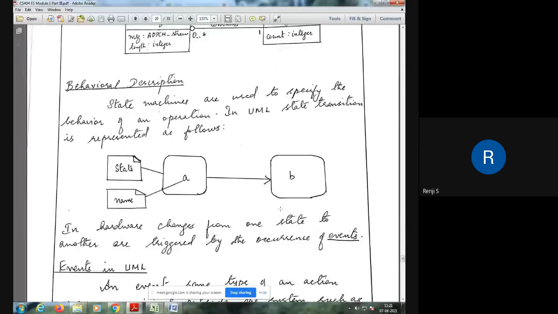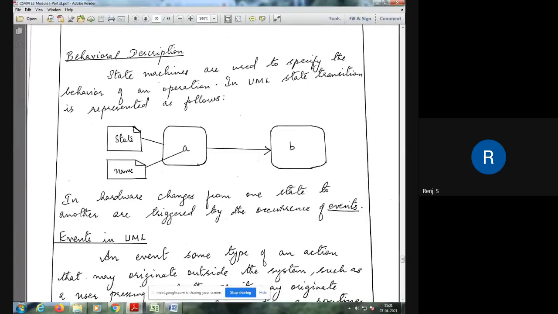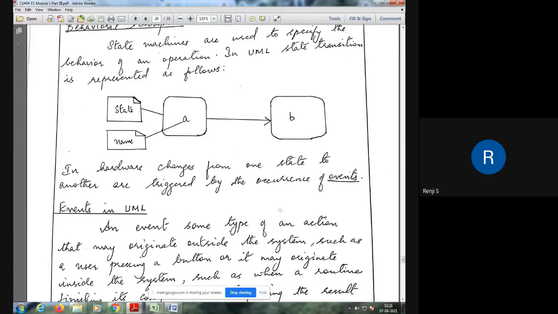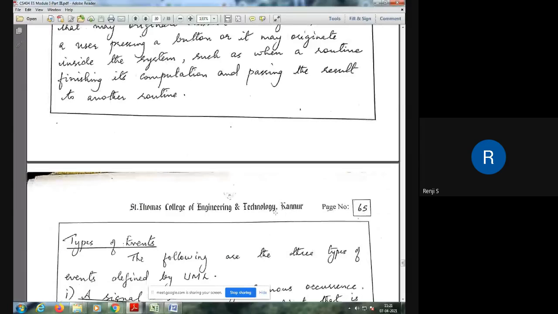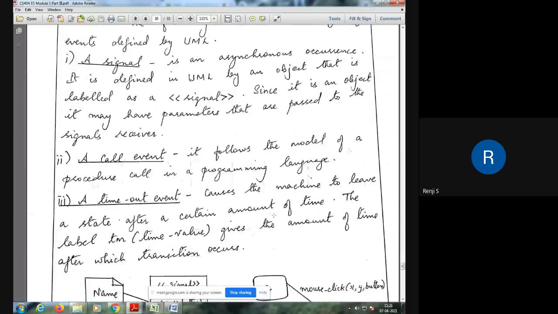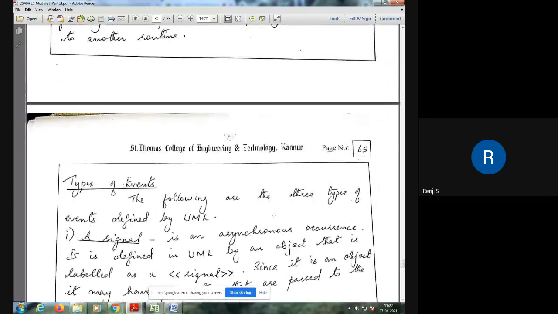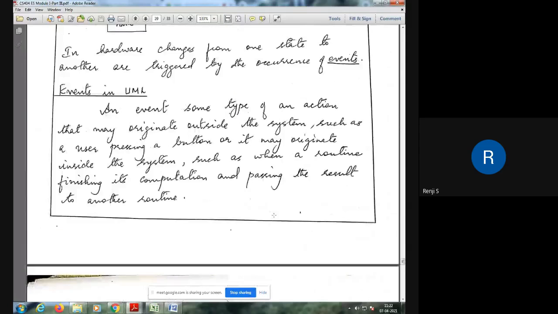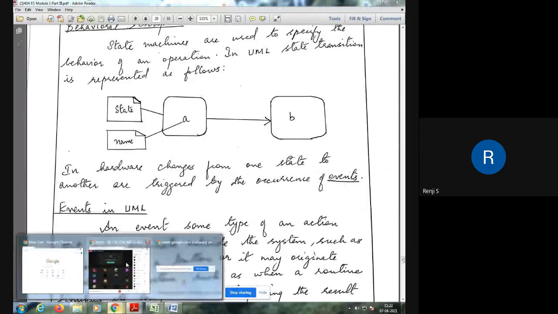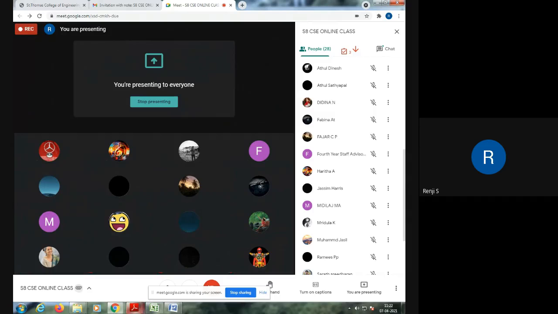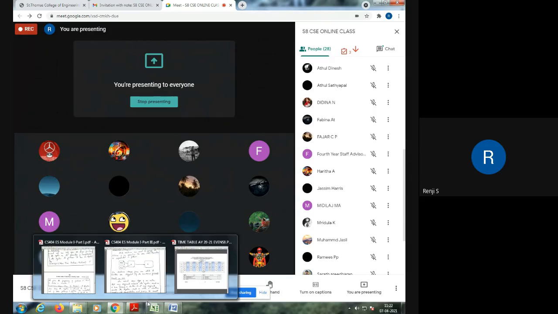Next we have to continue with the behavioral description, and what are the events that cause the system to change its behavior. We'll continue in the next class.